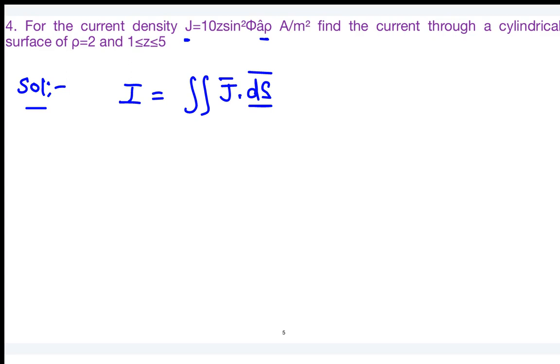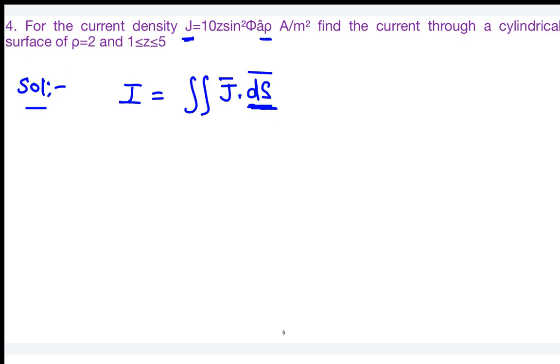I told you when you are taking the surface, you should consider a surface which is perpendicular to the current density. So in this case, the current density lies in the rho direction, so for this surface phi and z will be varying. Good, so people are right, phi and z planes are combined.